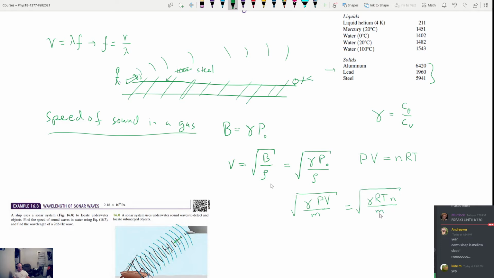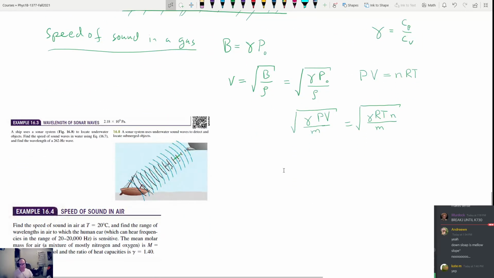But if I take mass over number of moles, what's that equal to? That's a fixed number that we know about, right? I give you a mass of a gas, like 1 kilogram, and I say that it has 2 moles.